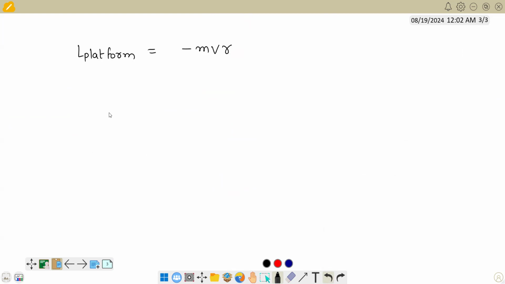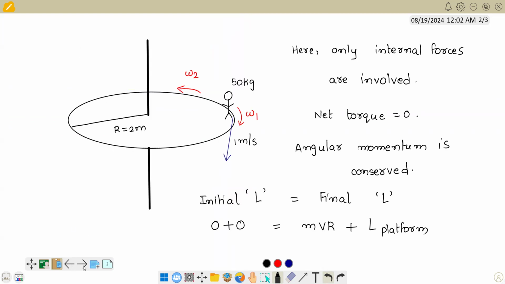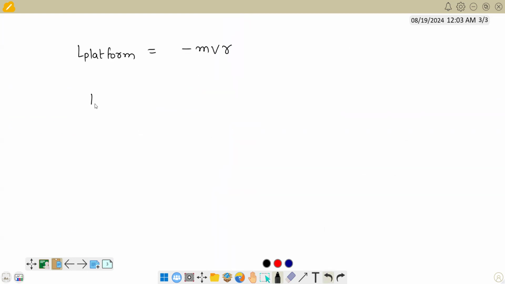That means both are in opposite direction. Once we confirmed that, let us just take the magnitude. So the magnitude of the platform's angular momentum is equal to m v r.